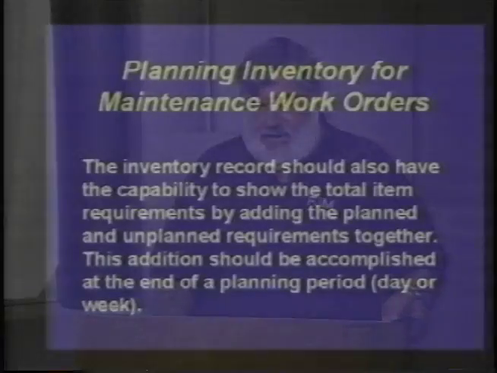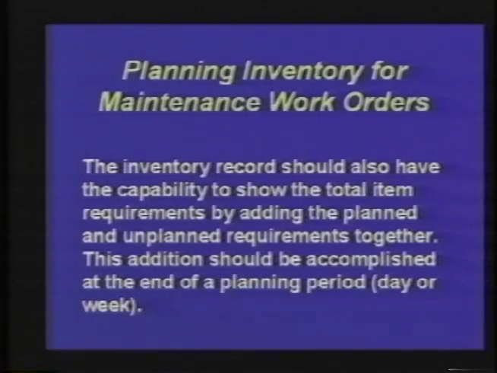So not only are we showing you physically what the record looks like in 7A, we're also giving you the instructions relative to how those records actually function. The last paragraph addresses that the inventory record should have the capability to show total item requirements, as I indicated with you when we looked at page 7A.